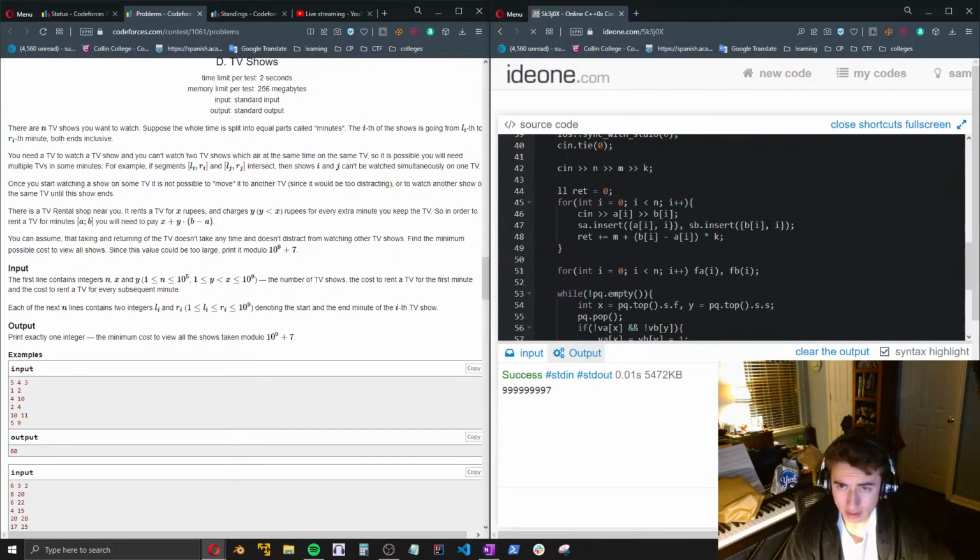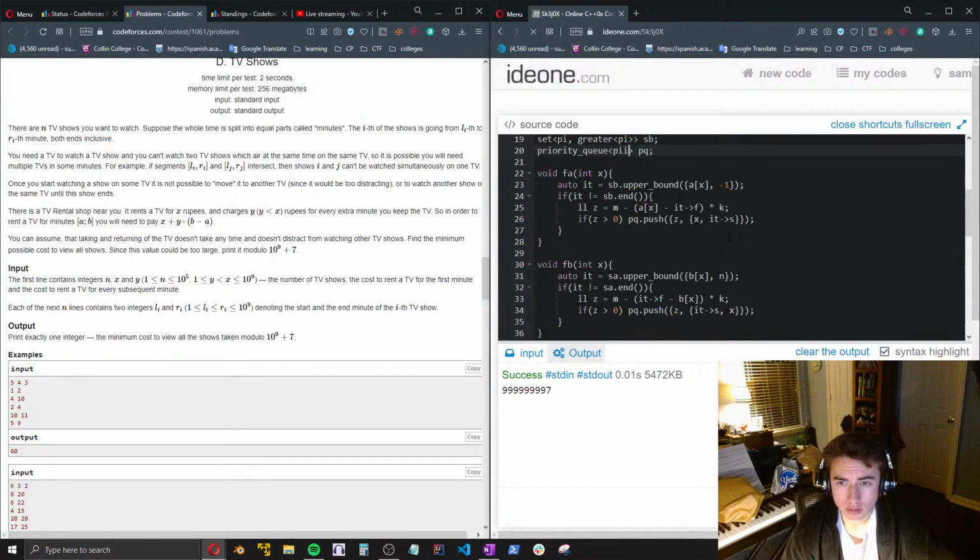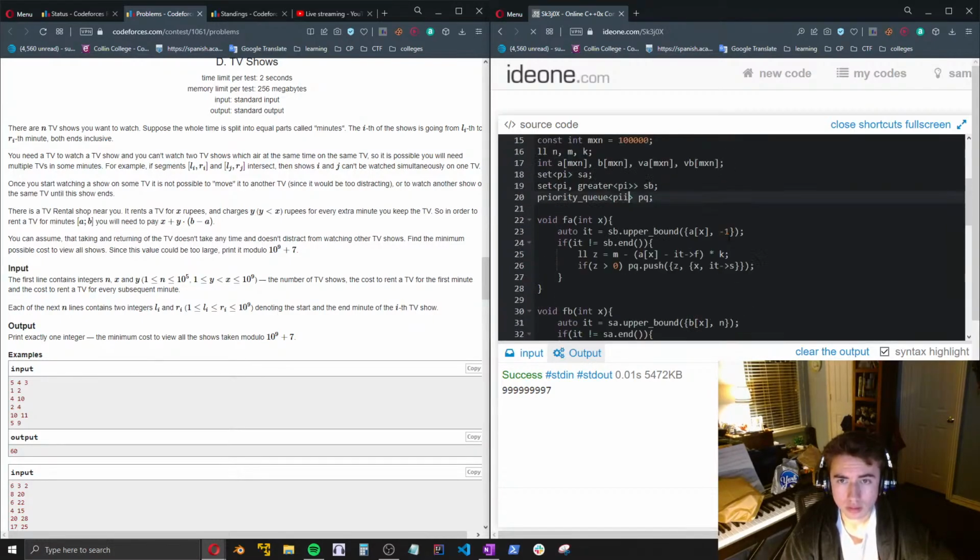I feel like our idea is right? Upper bound b of x and lower bound. It should be right.